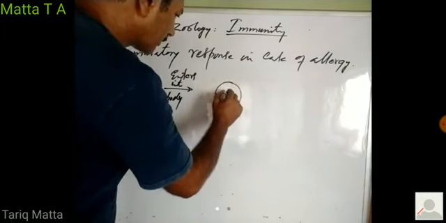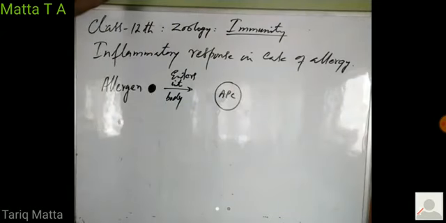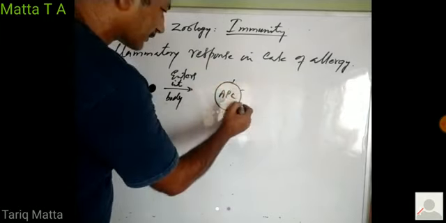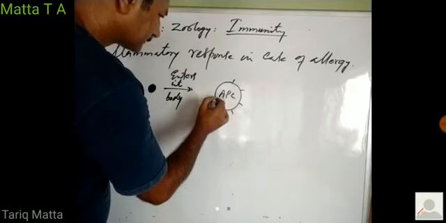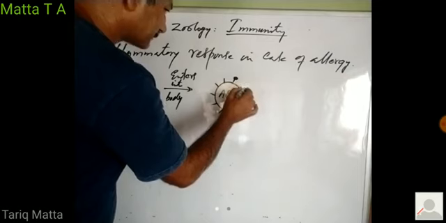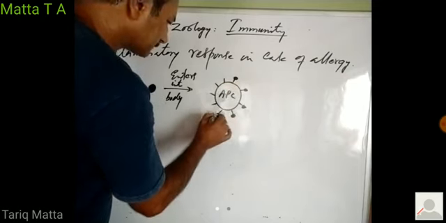In the body, we have antigen presenting cells. These antigen presenting cells are phagocytic cells or dendritic cells, right? So this allergen binds to an antigen presenting cell, a phagocytic cell or a dendritic cell.